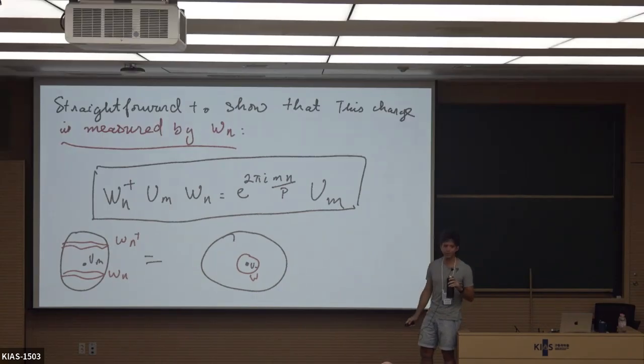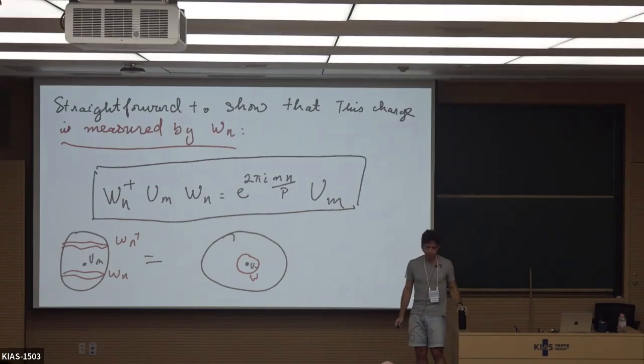Okay. Any other questions? These operators U and W. Sorry, is this like the 't Hooft loop and the Wilson loop in 2 dimensions? No, maybe not.